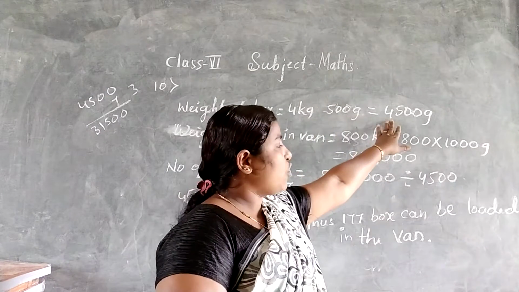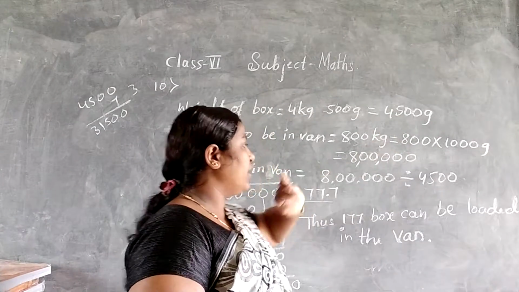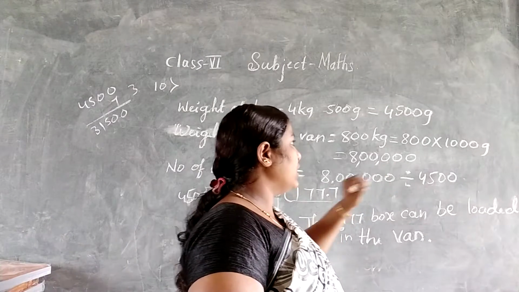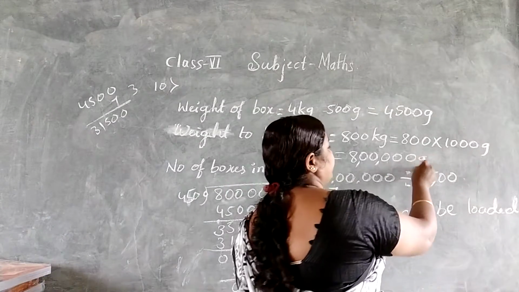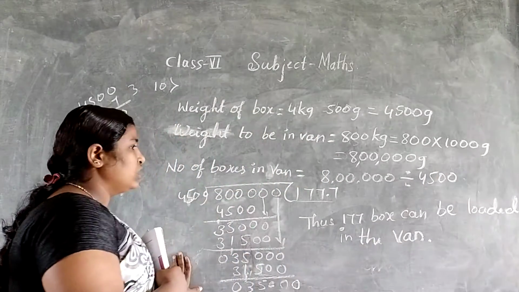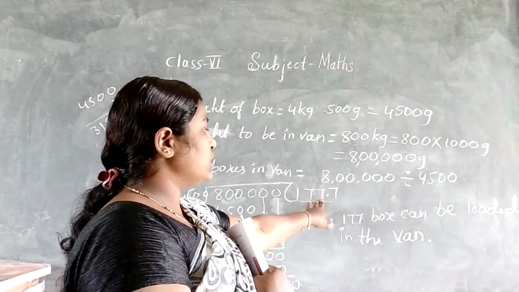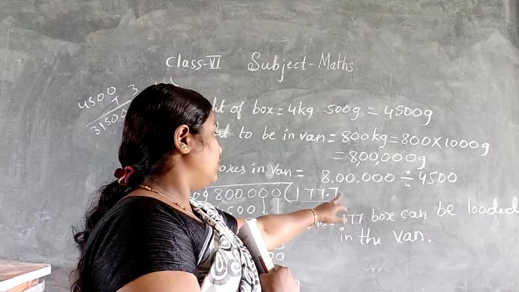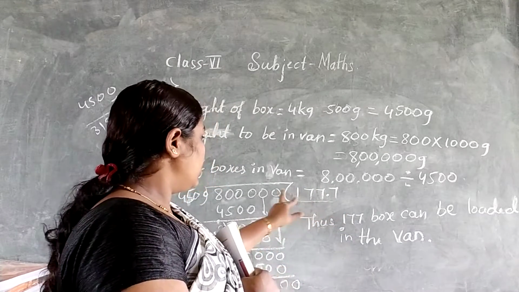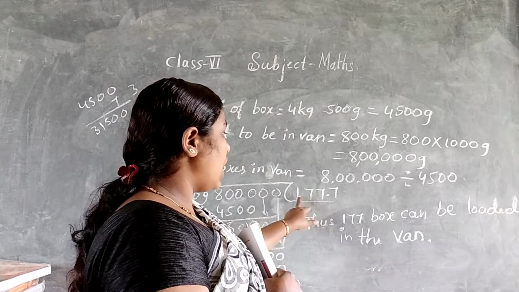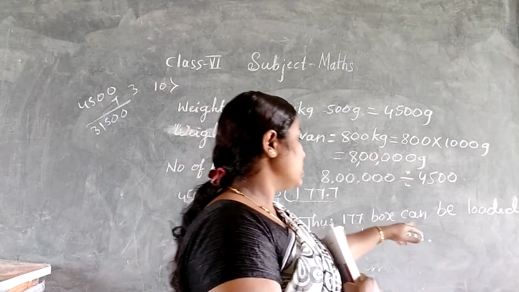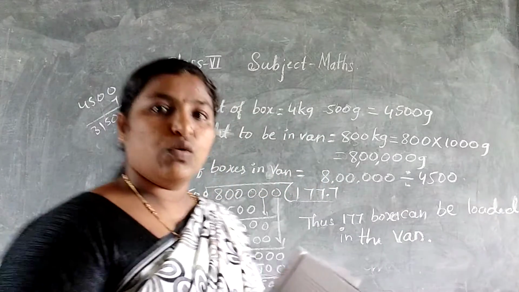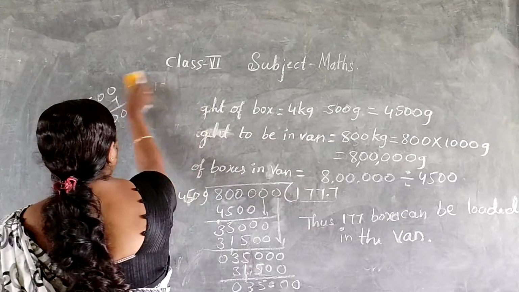The weight of one box is 4500, and the weight the van can carry is 8 lakh gram. So do the division. It becomes 177.7. So the total number of boxes is 177 boxes that can be loaded in the van. Okay, let's go for the next question.